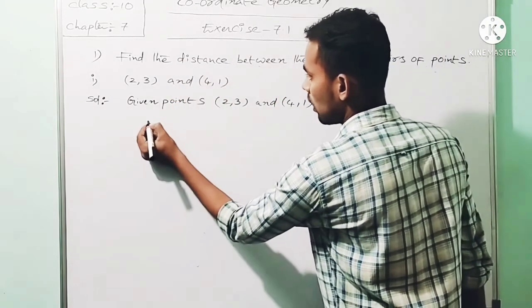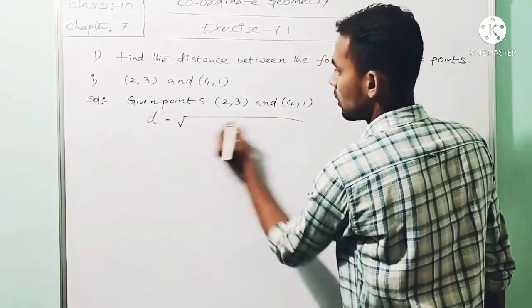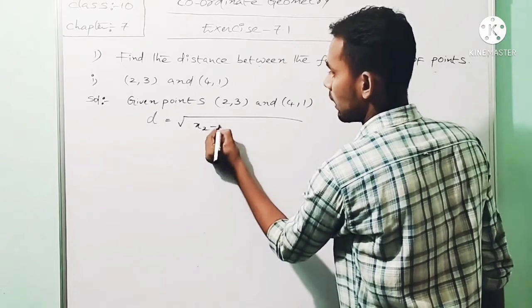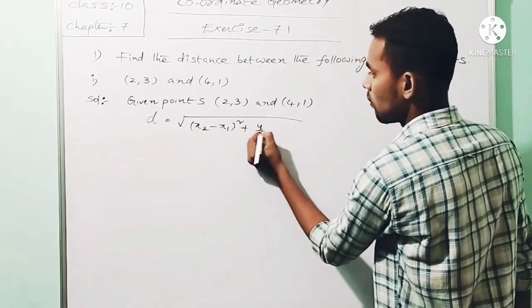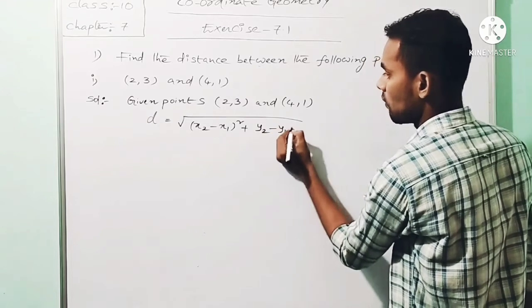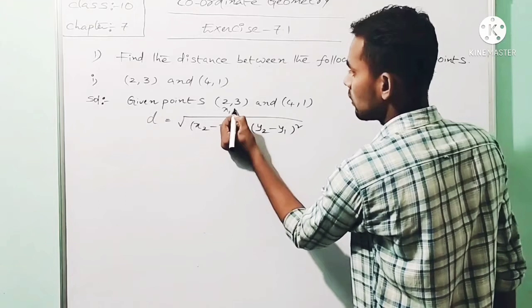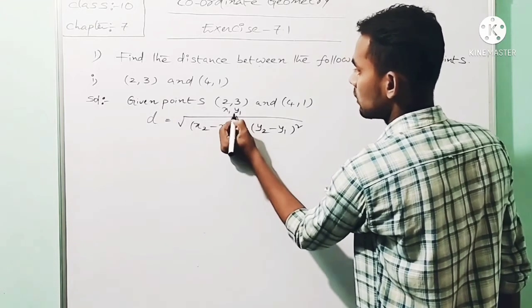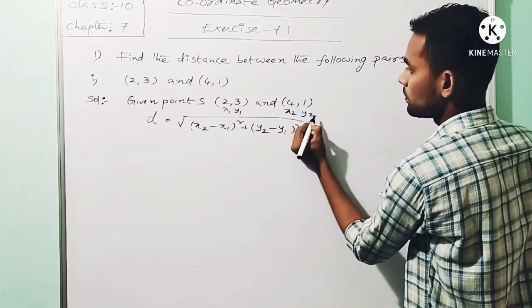Distance formula: d equals square root of (x2 minus x1) whole square plus (y2 minus y1) whole square. This is x1, y1. This is x2, y2.